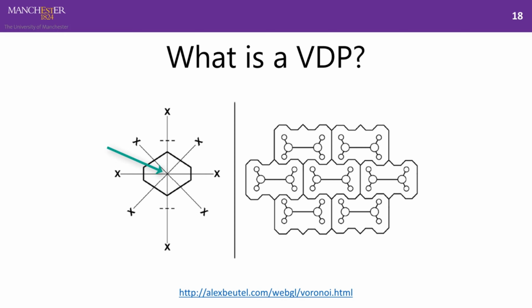If we start from our central point here, and we have a set of points surrounding it, which are marked by X's, we can define boundaries where everything within the boundary is closer to the original point than any of the surrounding points, up to a certain distance. So you can see these X's are too far away, so there are no locations here which are closer to the surrounding point than the central point.